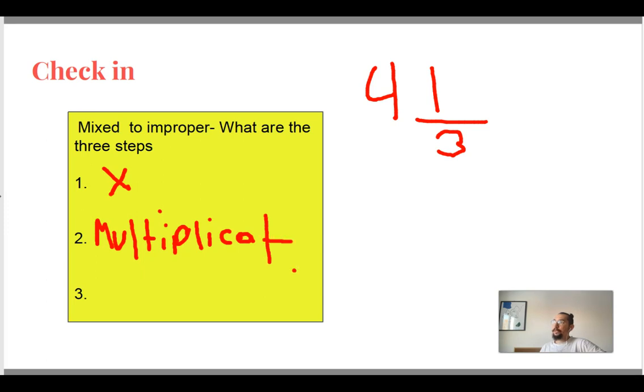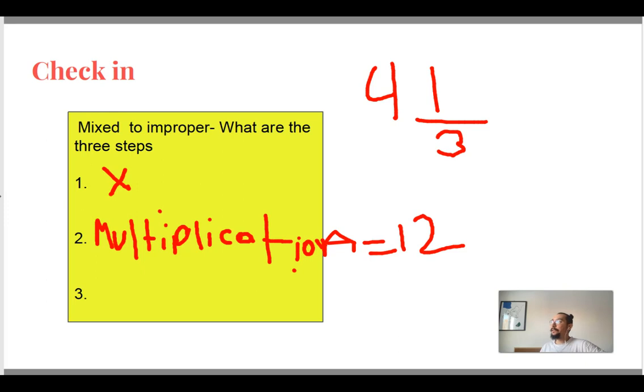The multiplication answer. You see, that's why with the mouse it's almost impossible to do this. But you guys, multiplication answer, right? You add that to 1. So the multiplication answer here, 4 times 3, is 12.